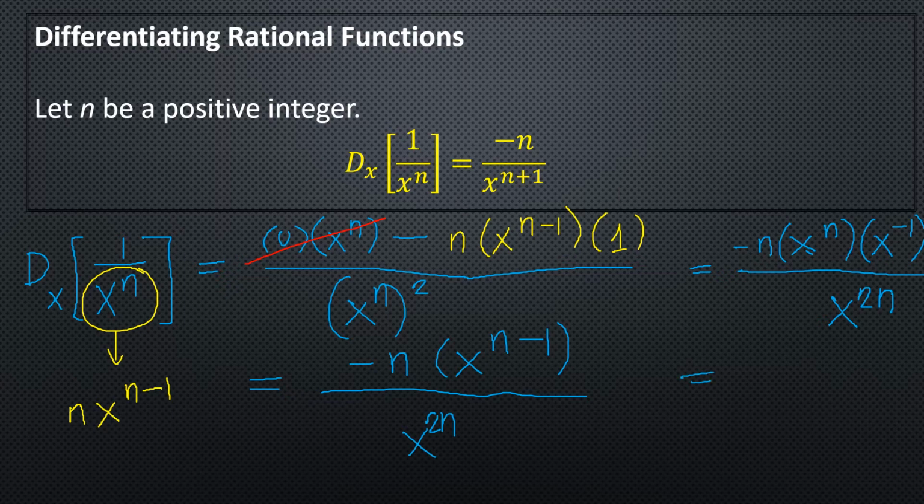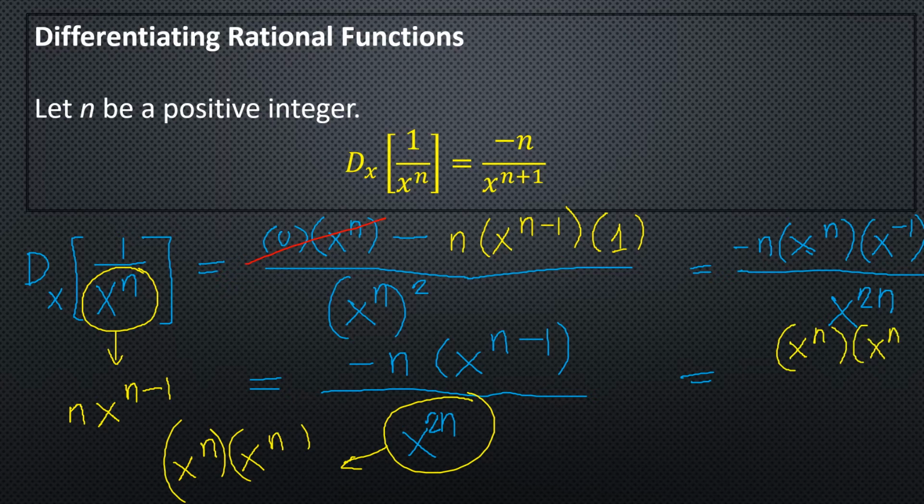Now, recall that x raised to 2n is actually x raised to n times x raised to n. Therefore, bring out x raised to n times x raised to n here. We will now cancel x raised to n on the numerator. So what is left? We now have negative n times x raised to negative 1 over x raised to n.